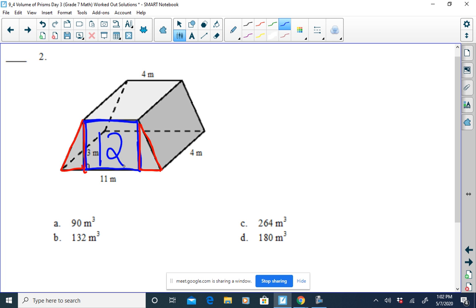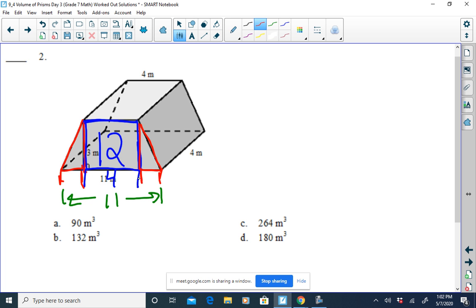And then we still have to find the area of the 2 triangles. Well, how do we do that? Here's what we do. If from here to here is 4, and from here to here is 11, what's left over for this space and this space is the difference between the 11 and the 4, and the difference between 11 and 4 is 7.